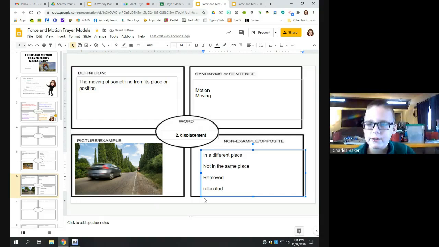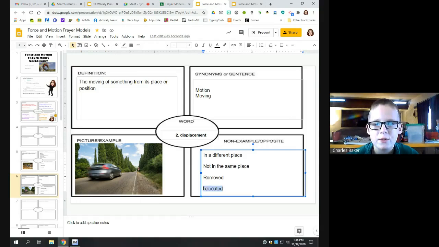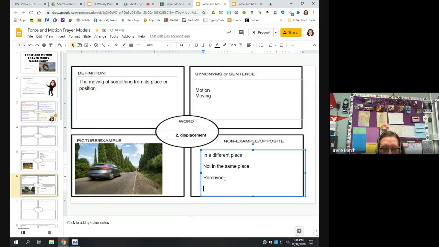So, Miss, is everybody is COVID displacing everybody? Kind of. Okay. So the opposite would be in the same place, right? If you're not displaced, you're in the same place. Does that make sense?